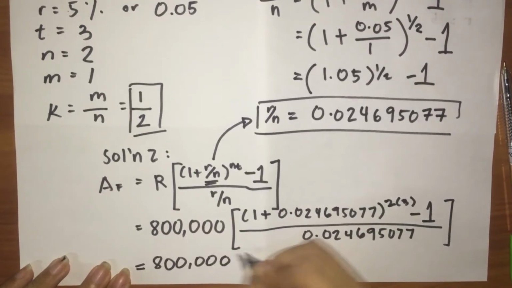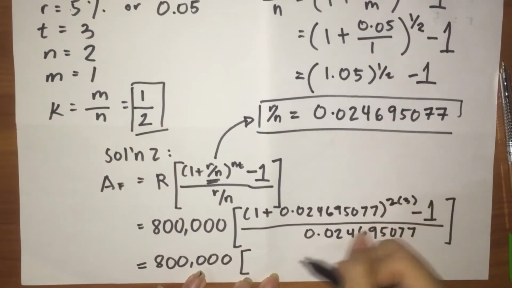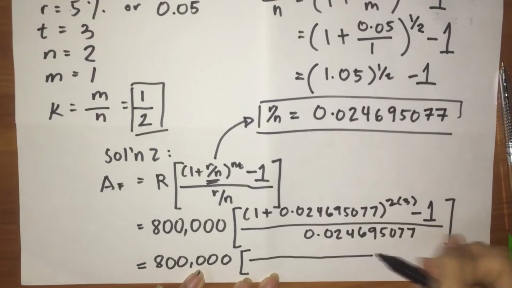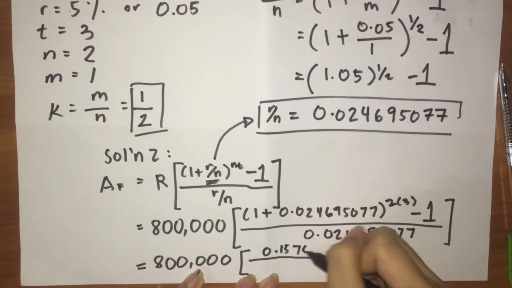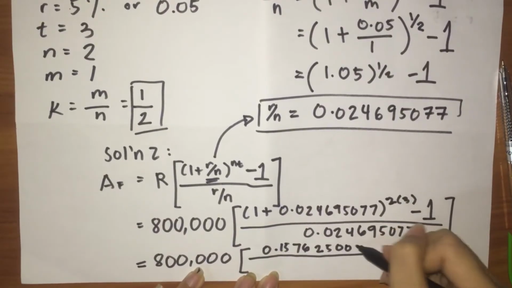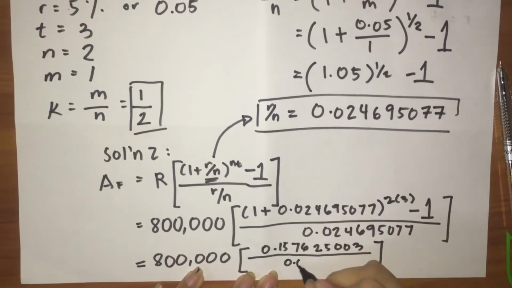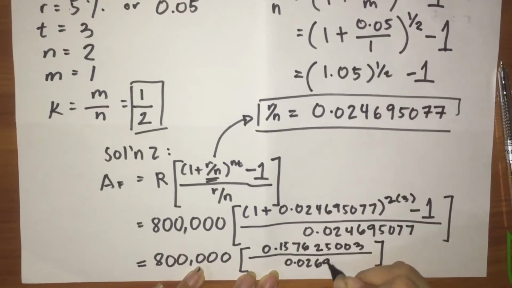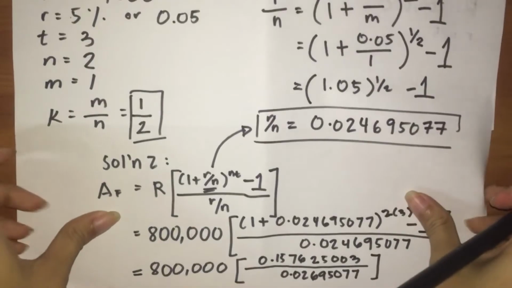So copy that. The answer for the numerator, you type it in your calculator, the answer would be 0.157625003 over 0.024695077.